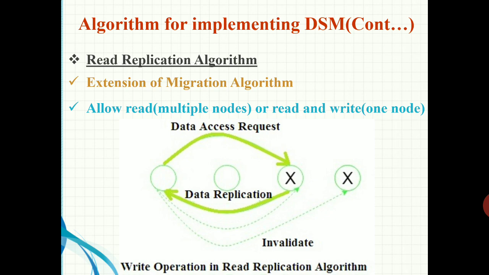So the write operation in this algorithm is expensive. That is about the write operation. So the distributed shared memory must keep track of the location of all the copies of the data block in the system. Then only we can update or invalidate the data.